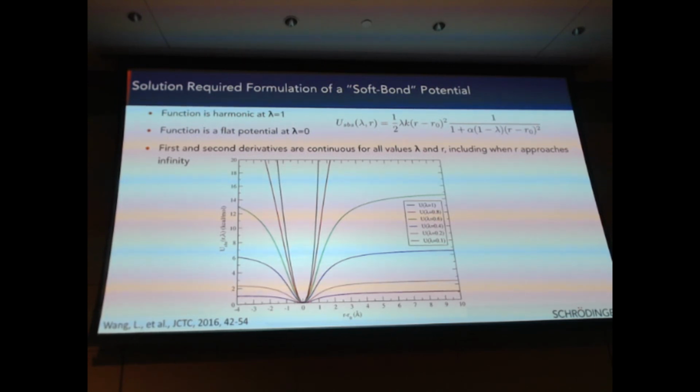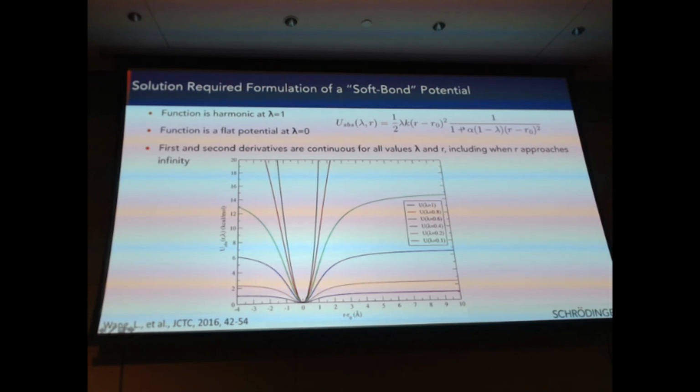But the harmonic potential approaches infinity when the distance of atoms is infinity, causing singularity and numerical instability problems in FEP.